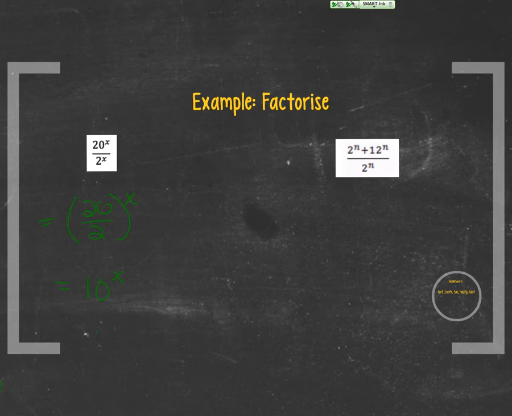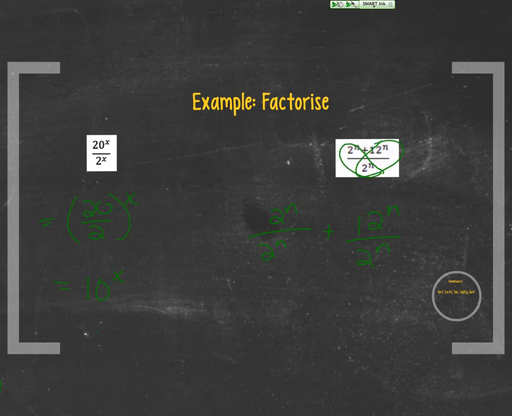Now for this one, this is another thing I always get a kick out of, stuff that I teach in algebra and how it comes back up 4 years later. We were just teaching our algebra kids how we can split that up into 2 fractions. So it's 2 to the n over 2 to the n plus 12 to the n over 2 to the n. Can you just do one?